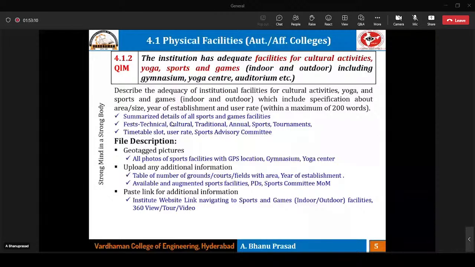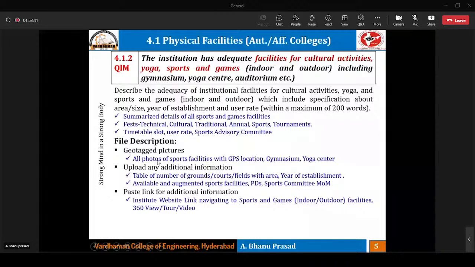With past bitter experience faced by the expert committee, colleges uploaded other colleges' facilities, and when the real committee came, they were unable to find them. That's why they are asking to upload the physical facilities with geo-tagged pictures. So under geo-tagged pictures, take snapshots of all the sports facilities with GPS location.